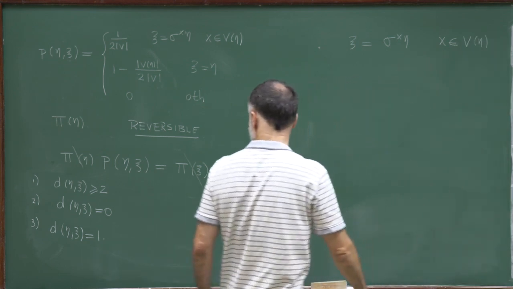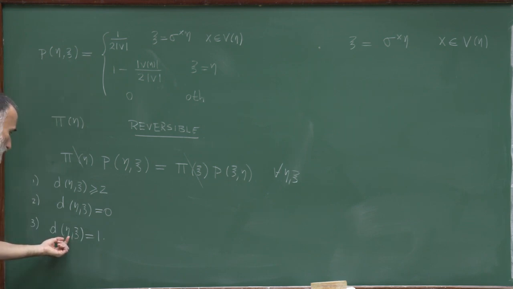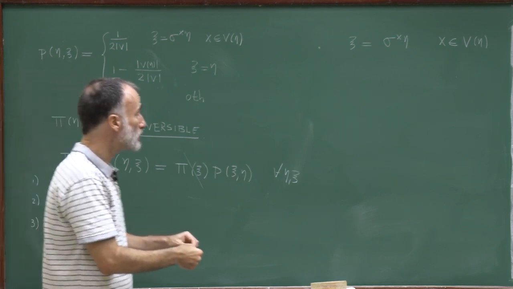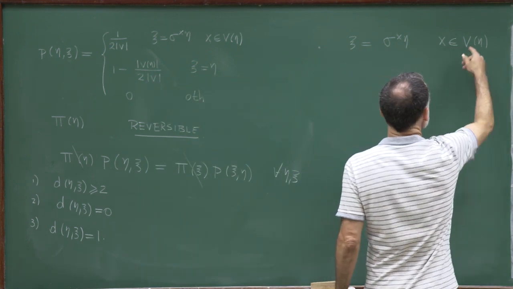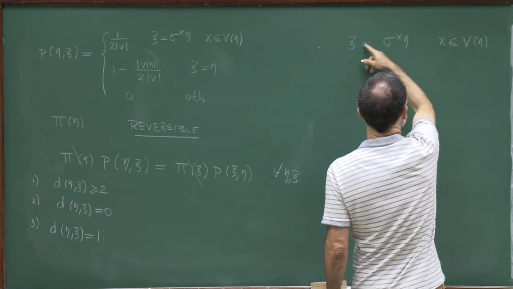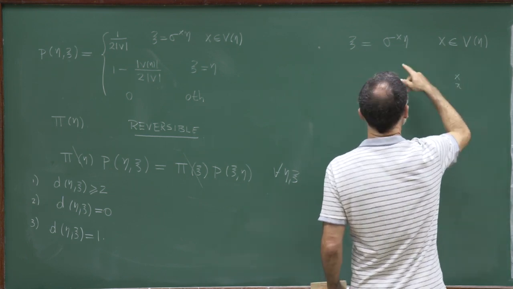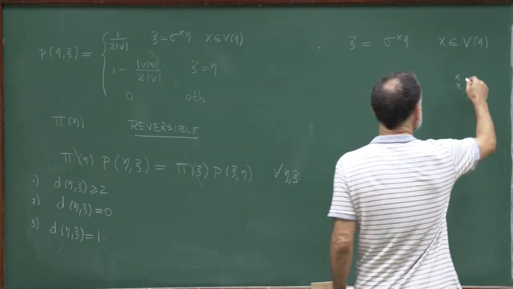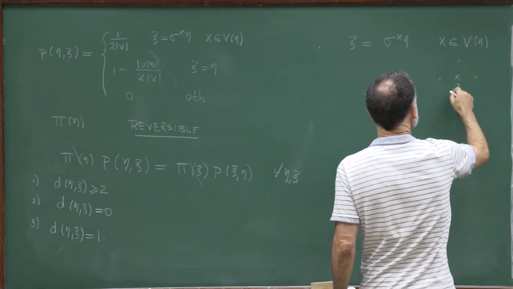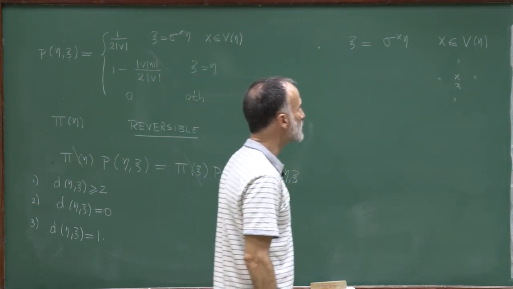Because, mind, this distance is equal to 1, so psi is different from eta, and they differ at one site, so there exists an x in v at which they differ. And since they differ and both are elements of omega, this means that all neighbors have to be empty, right?